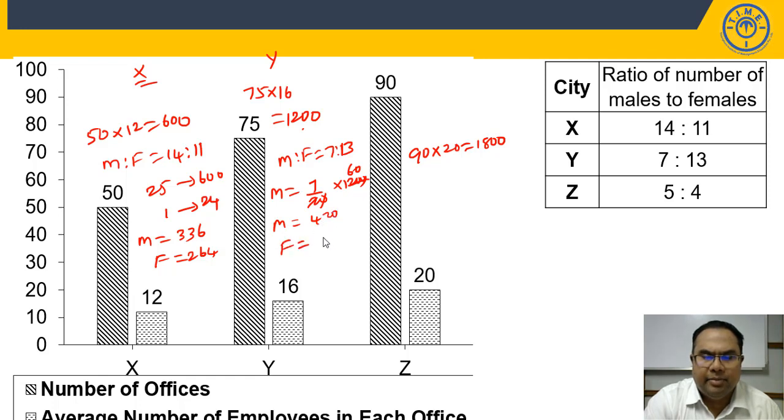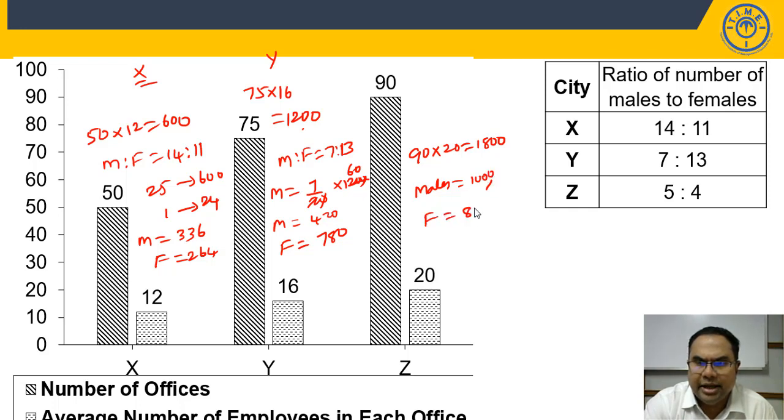Number of females will be 13 by 20, so obviously it is 780. Then Z, 1800. Number of males and females in Z is 5:4. 9 parts, 1800. Males will be 5 parts, 1000. Females will be 4 parts, 800. This is the decoding we have done.